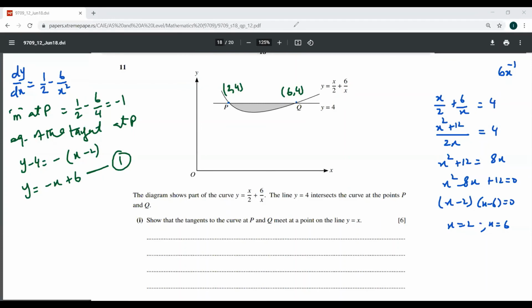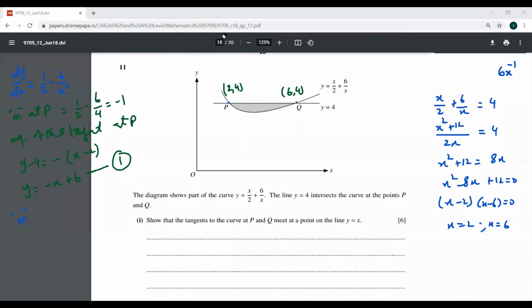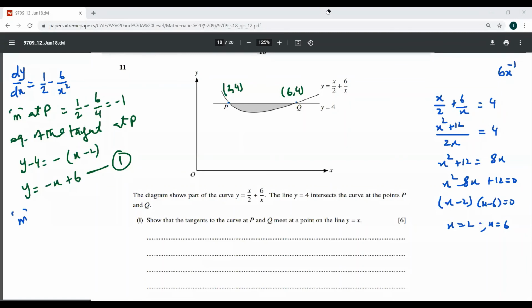Next, we need to write the equation of the tangent at Q. So we'll be finding the gradient at Q. That is going to be half minus 6 over 36. What is that?